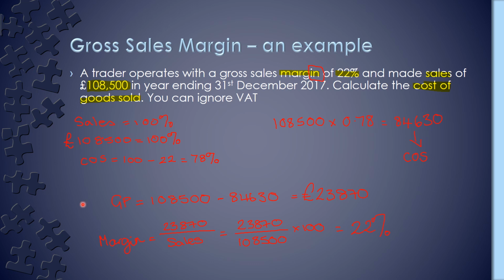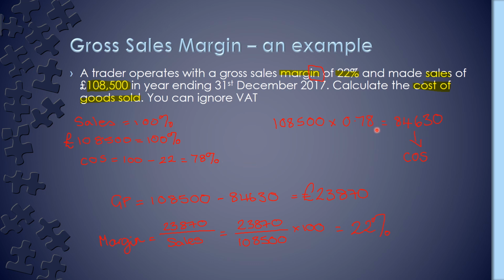So hopefully that gives you a good indication of how this works. So we had the margin, which means our sales equals 100%. So 108,500 equals 100%, which means our cost of sales is 100 minus the margin that we're given. So our cost of sales represents 78% of our sales price.